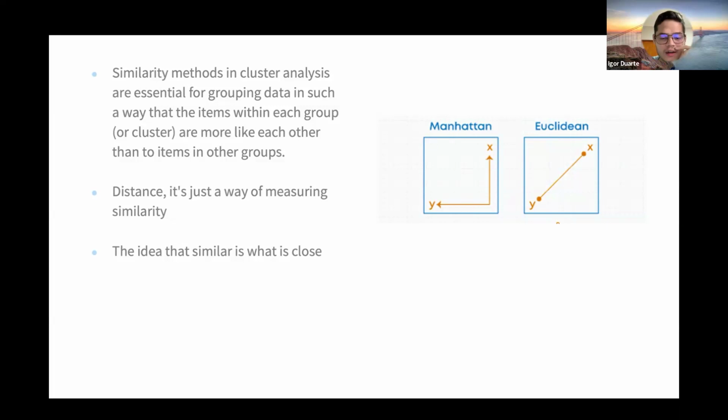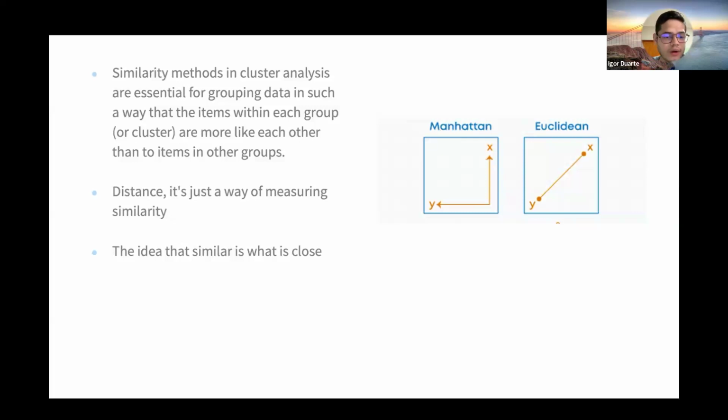There are other applications where density methods might be more appropriate, for example in an urban planning context. But based on the assumption that similar means close, I will discuss the two methods, Euclidean and Manhattan distance.